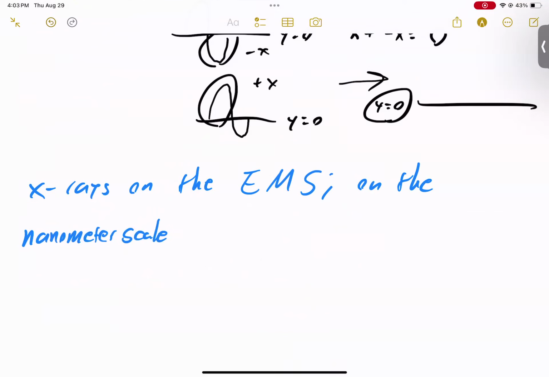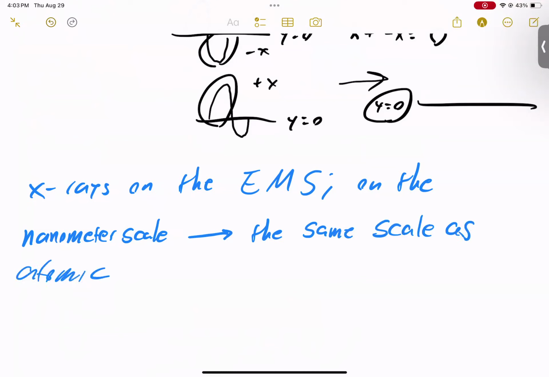And the reason why this is important is because this is the same scale as atomic separation. So it's on the same scale as atomic separation.